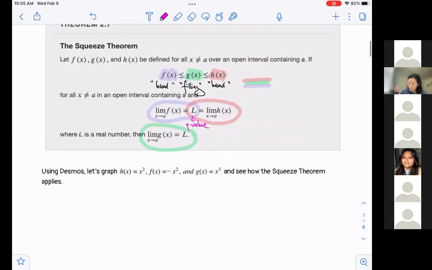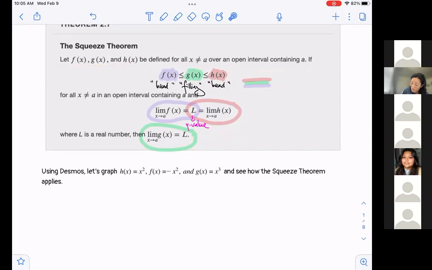All right, so let's take a look at this definition again, because maybe it was scary the first time. I know it was scary for me the first time, but maybe as we've seen a picture, we can make sense of this a little bit more. So let f of x, g of x, and h of x be defined for all x not equal to a over an open interval containing a.